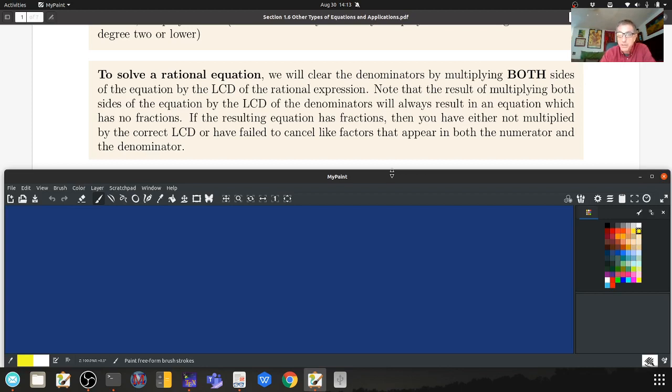If the resulting equation has denominators still in it, then something's gone wrong, and that usually means you've not multiplied by the correct LCD, or equivalently, you may have failed to cancel like factors that appear in both the numerator and the denominator.